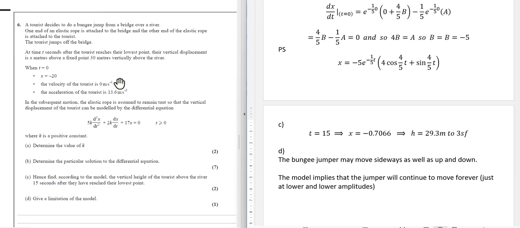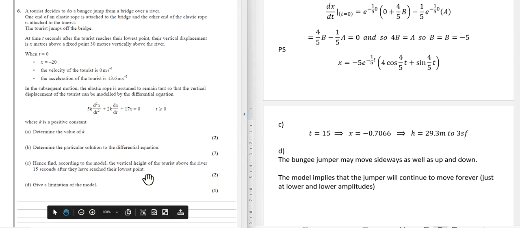Sorry, zero velocity when they're 20 meters below that point, but they're accelerating upwards at that moment. So that must be possibly the lowest point they reach, or yeah, at t equals 0. So something like that will do for my limitation.